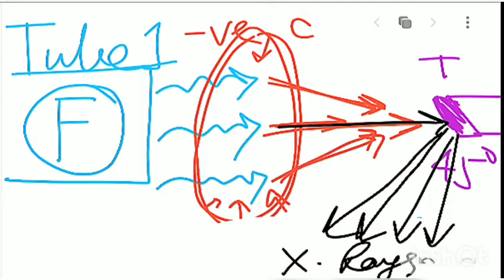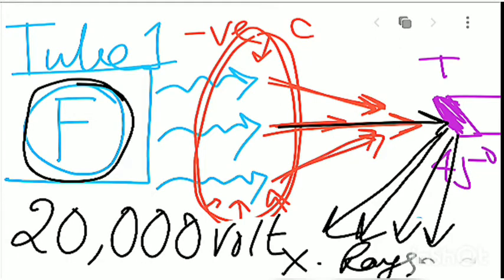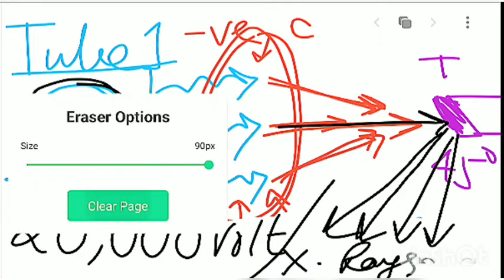But you have to be very much careful. Why? Because we need to know at which potentials usually we get X-rays. Now that production is not very easy. The filament we can see here requires a potential difference of 20,000 volt. And this potential difference is achieved by a step-up transformer.